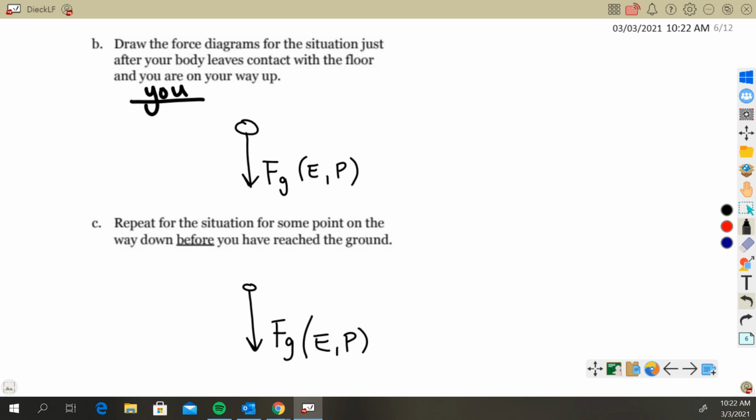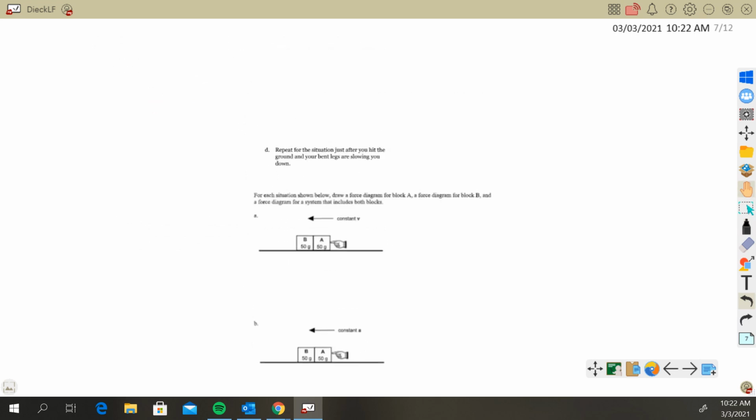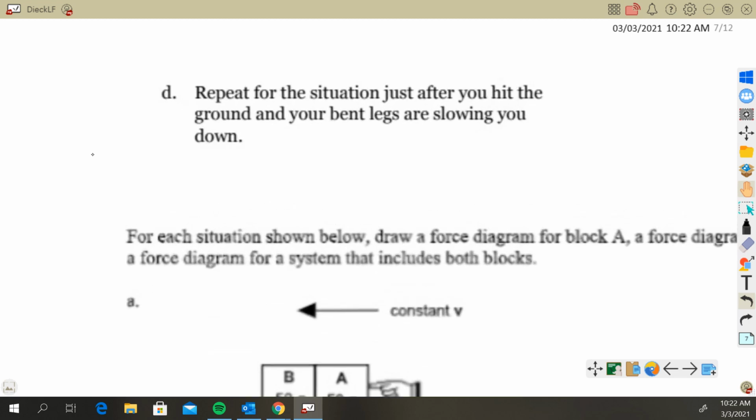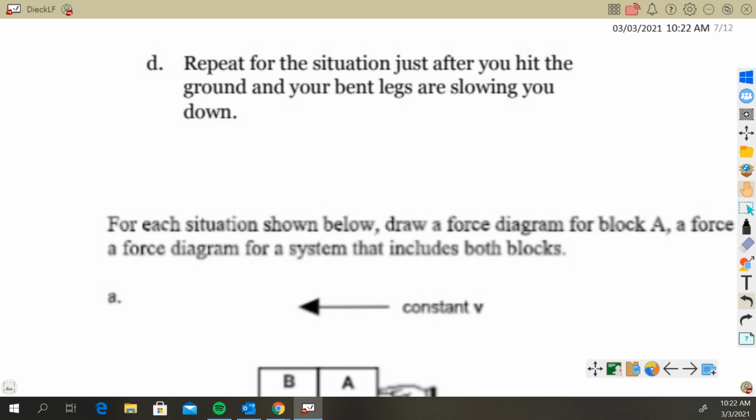Letter D says, repeat the situation after you hit the ground and your bent legs are slowing you down. So we landed and our legs are bending to slow us down, right?